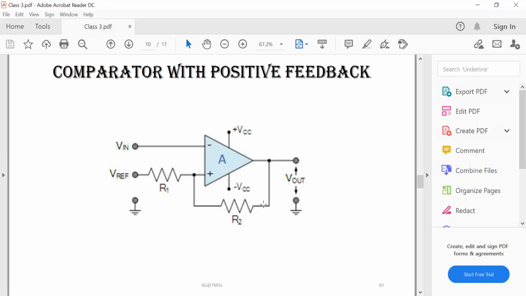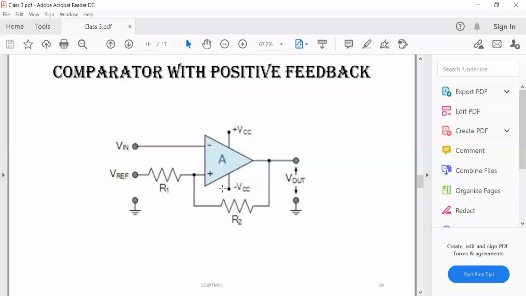Okay, so the use of this positive feedback around an op-amp comparator means that once the output is triggered into saturation at either level, there must be a significant change to the input signal V in before the output switches back to the original saturation point. And this difference between the two switching points is called hysteresis.